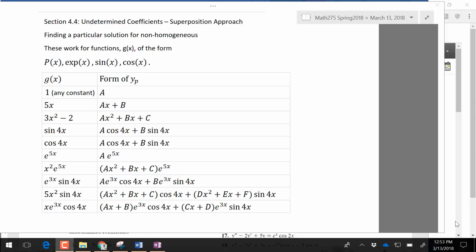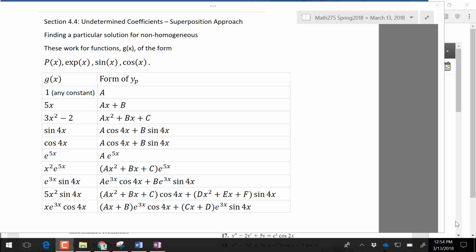What happens when you try to find a particular solution for a differential equation is that you guess what your solution is going to look like. And that guess is based on the right-hand side of your differential equation.